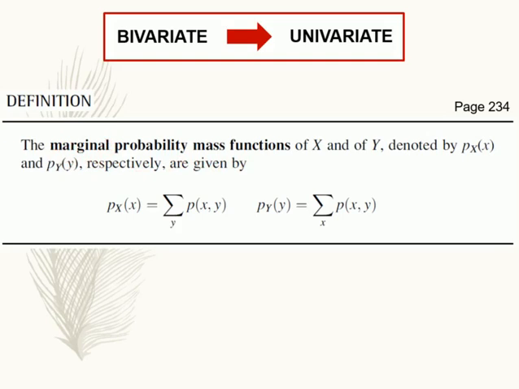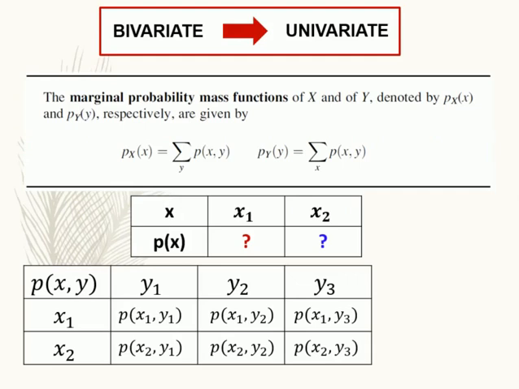I'm going to show you what it means in an example, so don't worry too much if this notation is a little bit confusing. Suppose you wanted to find the marginal distribution of x. In other words, what's the probability that x is equal to x1 regardless of y, x is equal to x2 regardless of y?